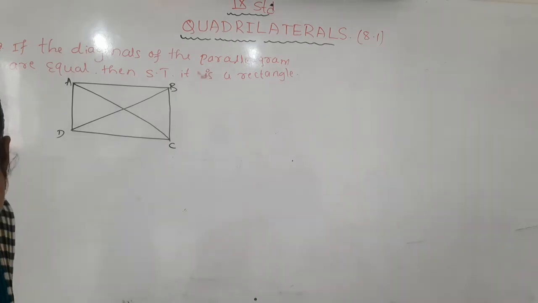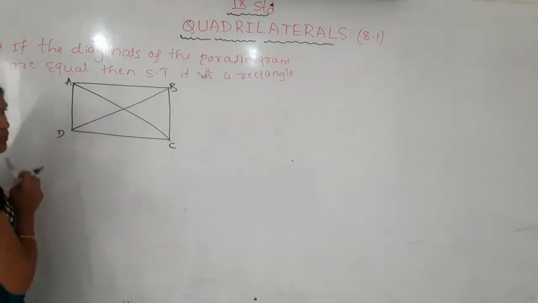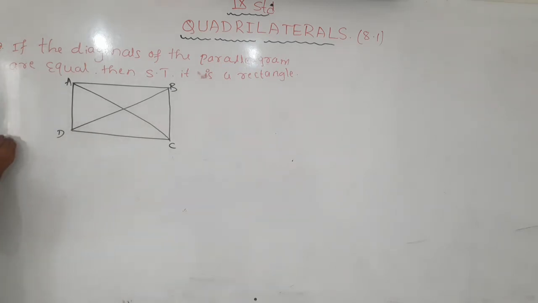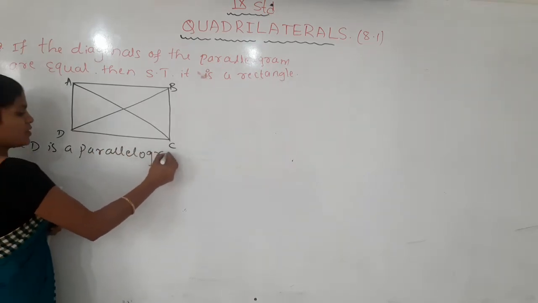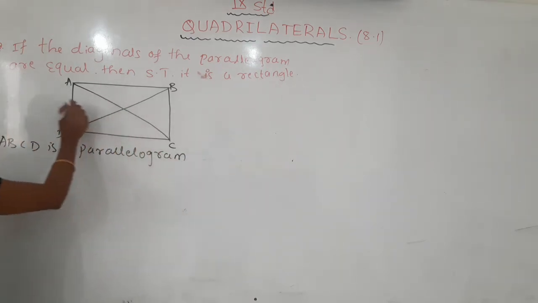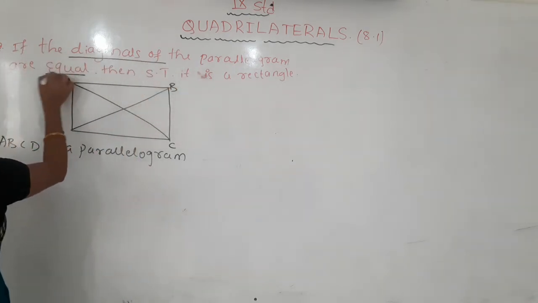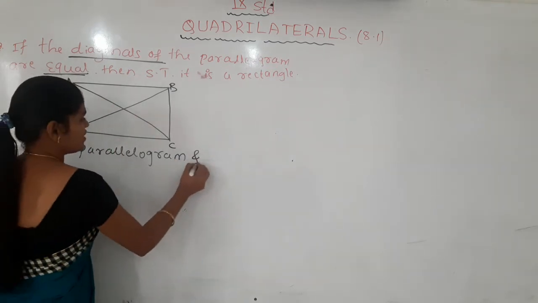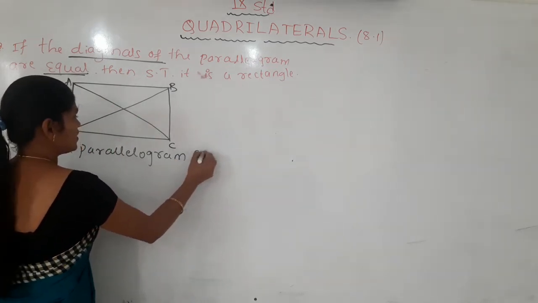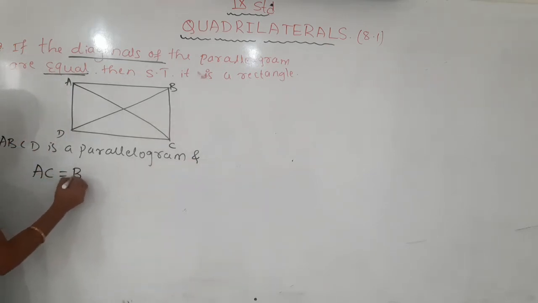Take it that our figure is a parallelogram. Here ABCD is a parallelogram, with one thing given: the diagonals of the parallelogram are equal. So what is given here? AC is equal to BD.